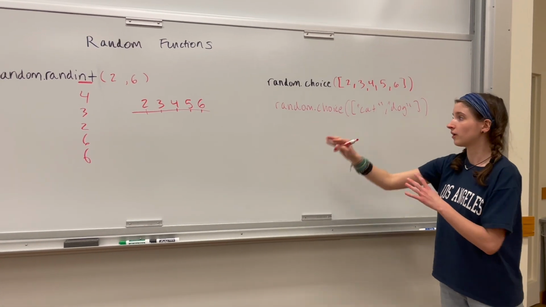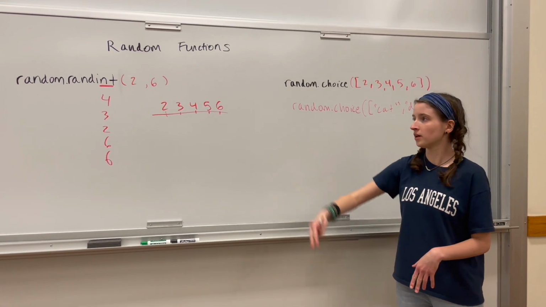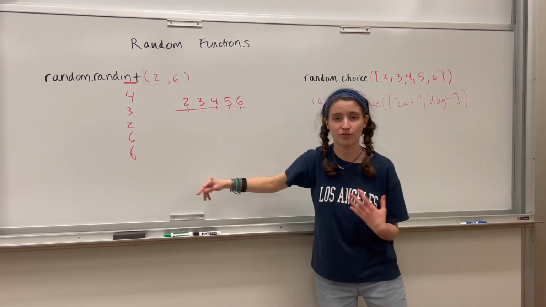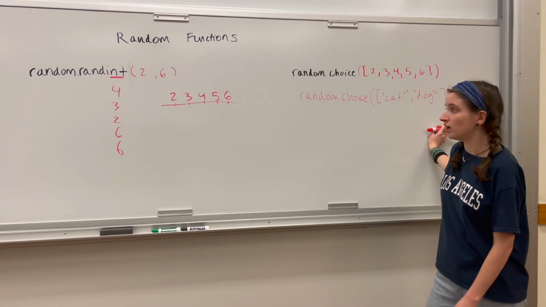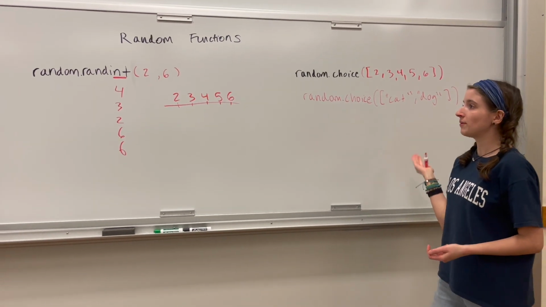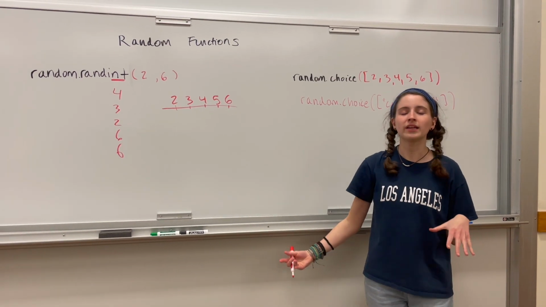Another cool thing about random.choice is it allows us to weight the values differently. Whereas in random.randint, we can't control that each of these has a 20% chance of appearing, we can manipulate lists of numbers and other data types to give one more of a chance of appearing than the other. So say we wanted to pick between 2 and 6, but we wanted it to be way more likely that we get a 6.